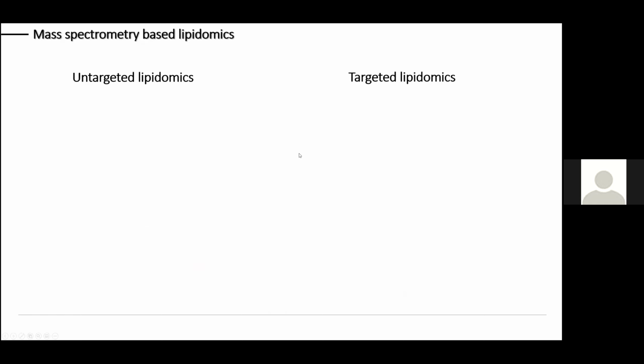To conclude, I would like to summarize what I showed you as an introduction here, and many other speakers will go into much more detail: we can do our lipidomics in either an untargeted or targeted manner.